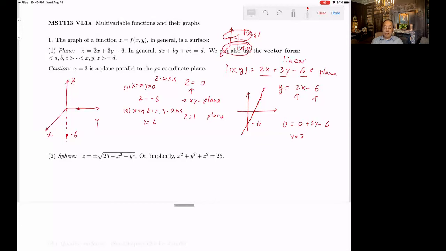And similarly, now look at what's going to happen if y is 0 and z is 0. That's going to be on your x-axis, okay? And then you actually will see that because y is 0 now, x is going to be equal to 3. So here you're going to put a 3 over here. So these are the intercepts. Now, how can we graph it?